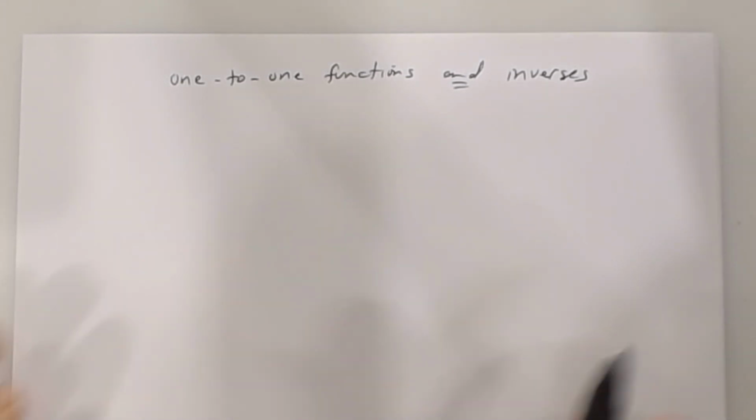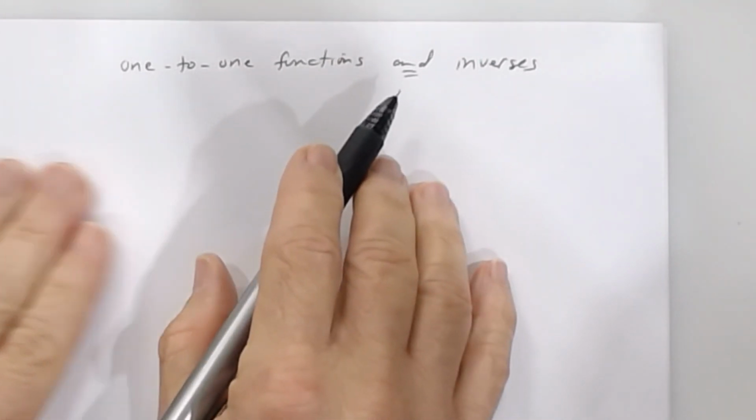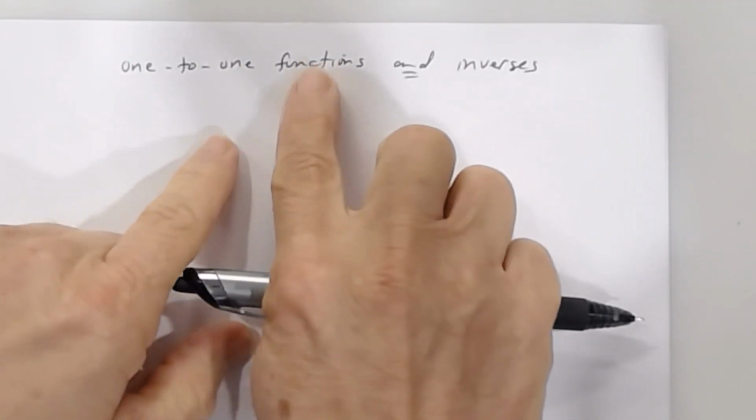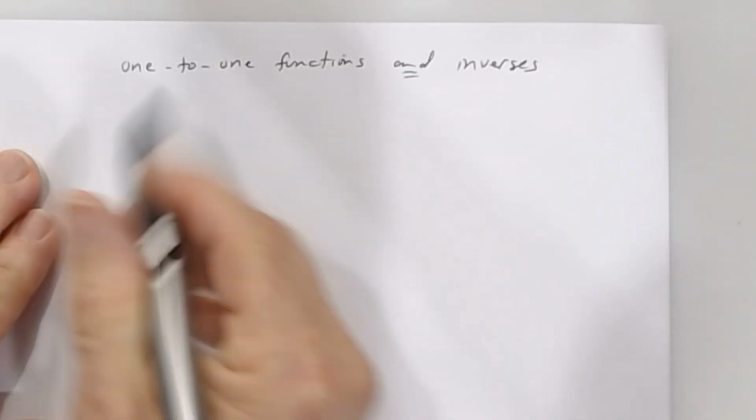All right, so remember in here we're talking about one-to-one functions and inverses. In this case though, we are talking about a function to begin with. What's the definition of a function?